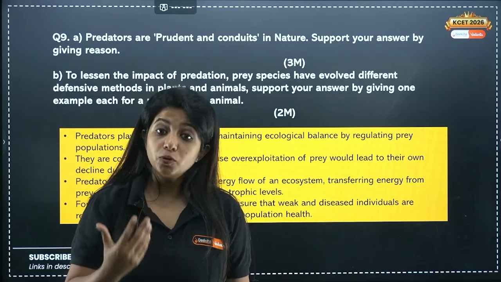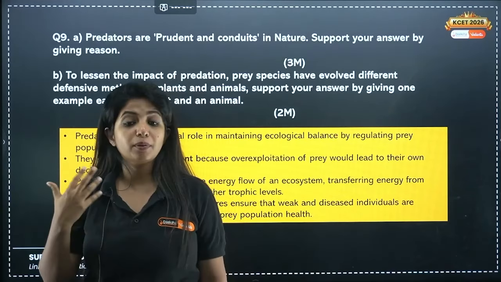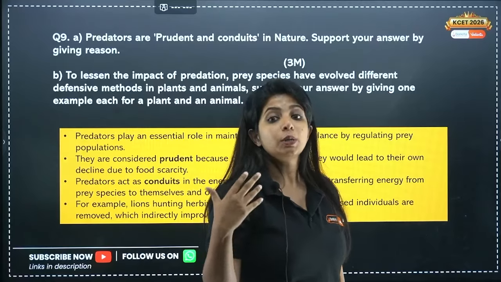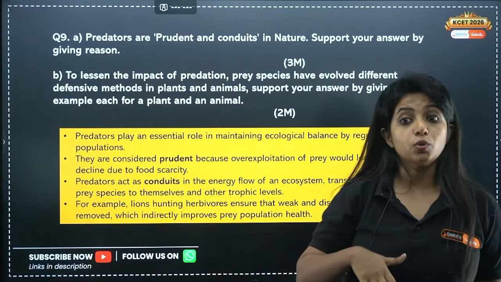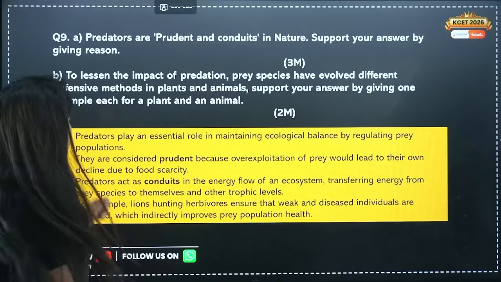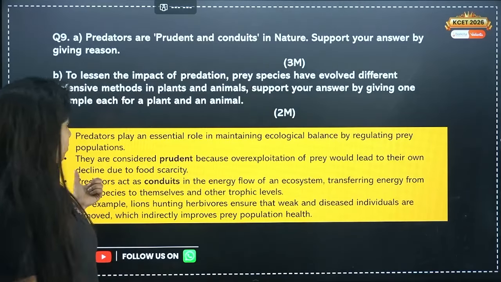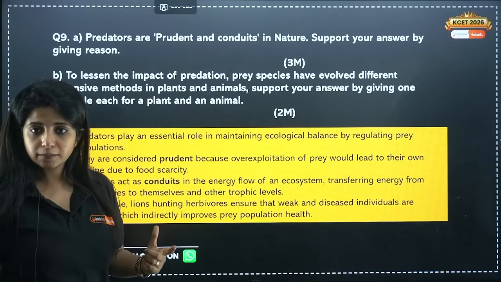Predators are prudent because they do not overexploit the prey; if the prey goes extinct, the predators will also go extinct. They are considered prudent because overexploitation of prey would lead to their own decline due to food scarcity.